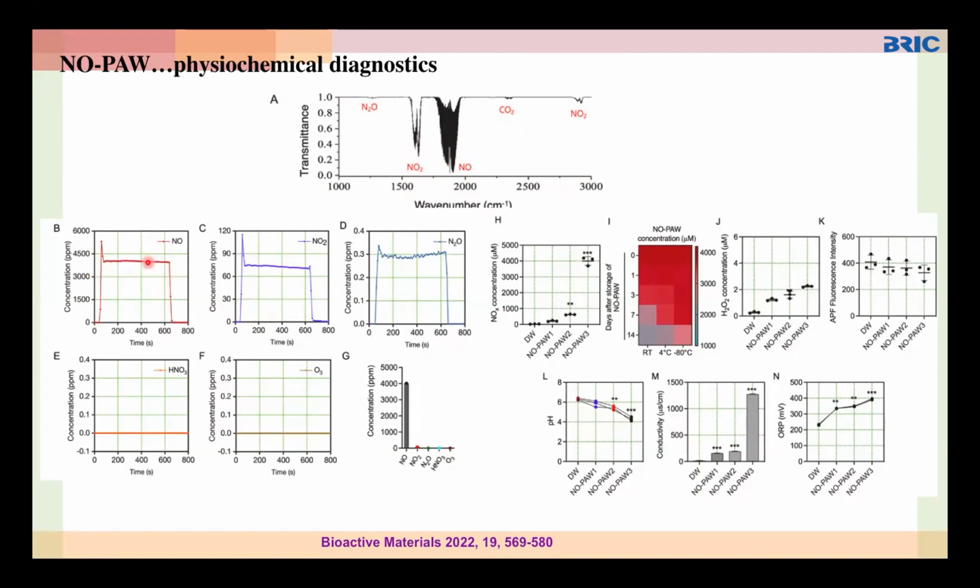The concentration of NO was maximum, up to more than 4,000 ppm. However, the concentration of NO2 was very low, less than 75, and N2O is negligible. Other species like HNO3 or ozone are totally absent. Their level is just 0.